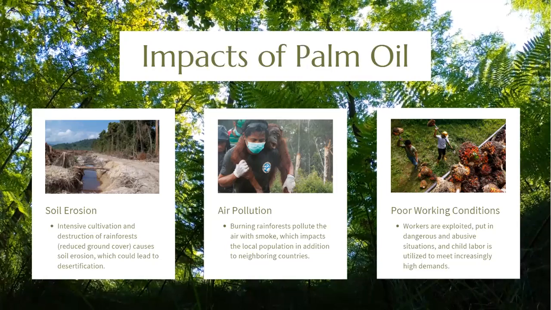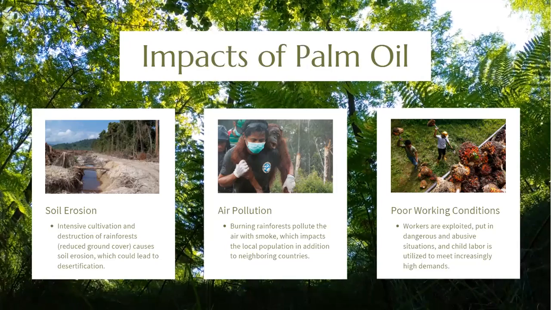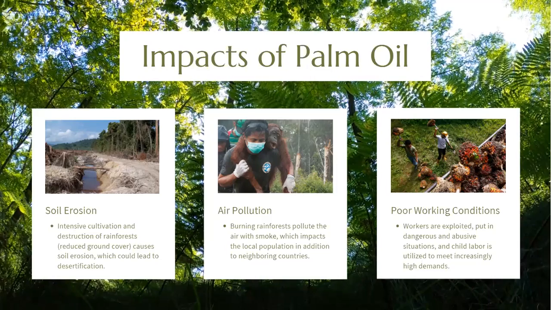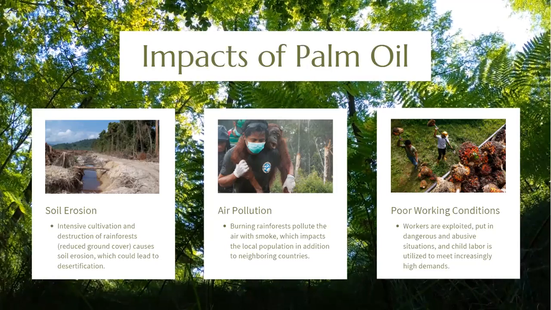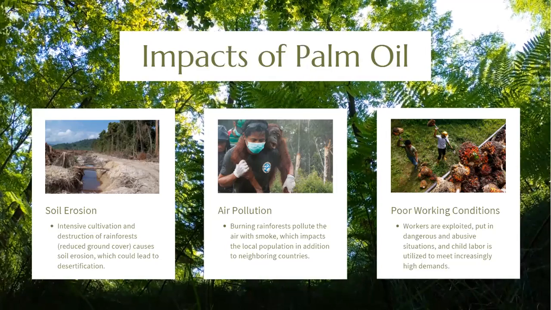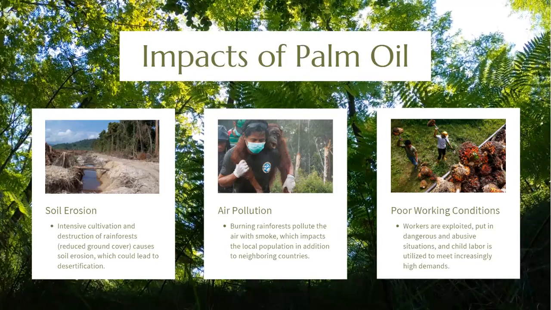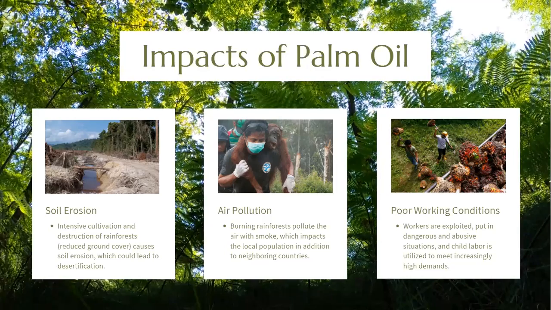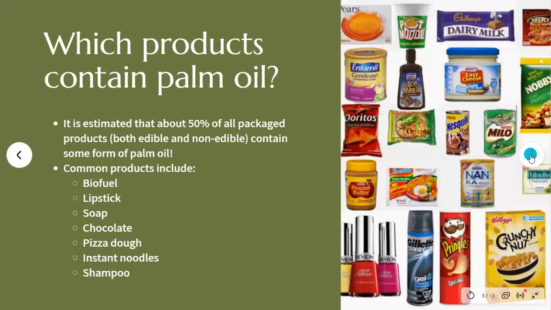Palm oil farms are already associated with poor air quality, and once they're burned from slash and burn agriculture, that leads to really horrible air quality. And then also burning rainforests, so a lot of bad air quality. And then also poor working conditions. This involves child labor, dangerous labor, just horrible conditions to meet this high demand of palm oil.